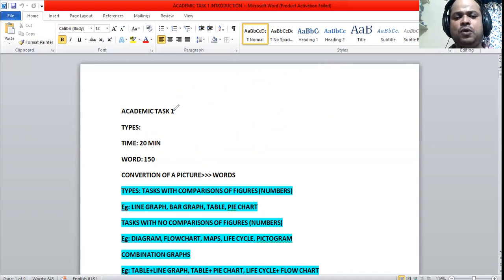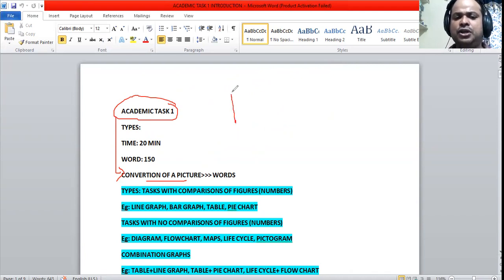Now let's see what academic task one actually is. Academic task one is nothing but a conversion of a picture to words. What exactly is academic task one?